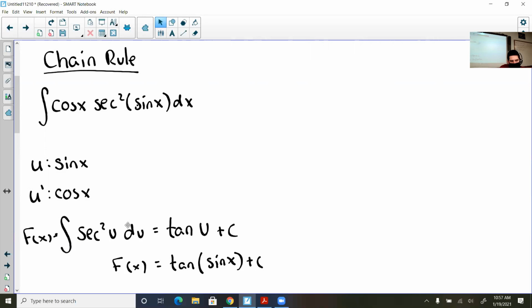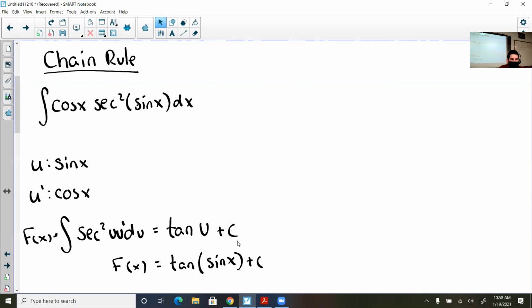Then if I were to take the antiderivative, I would see that the antiderivative of secant squared, meaning that position function, would have been tangent. To work backwards, if I were to take the derivative of tangent, I would get secant squared. So you can see how they relate to each other.